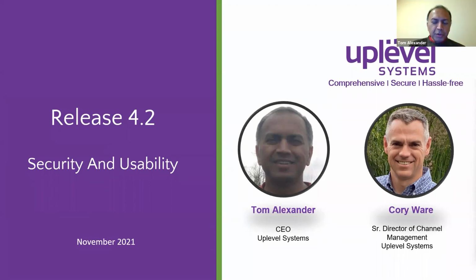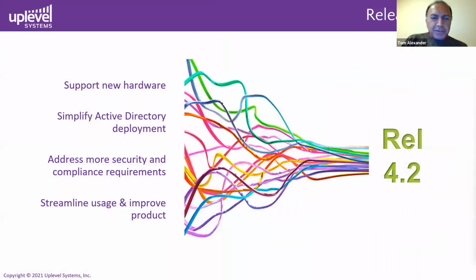Excellent. Thank you, Cory. So let's see, this webinar is all about the upcoming 4.2 release, which we are just finishing buttoning up and will be rolling out. What we have going into 4.2 is new hardware that needs to be supported, some stuff to simplify AD deployments and so on, but actually most importantly, things that address security and compliance.